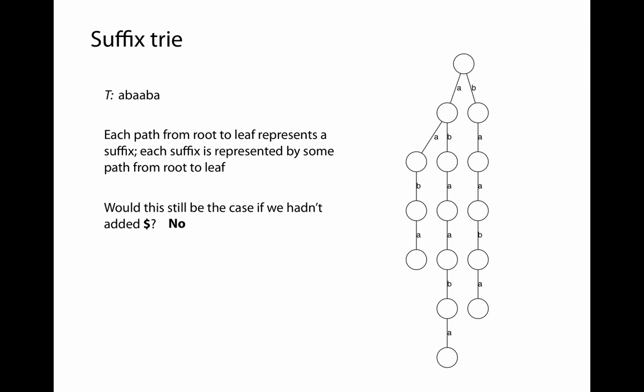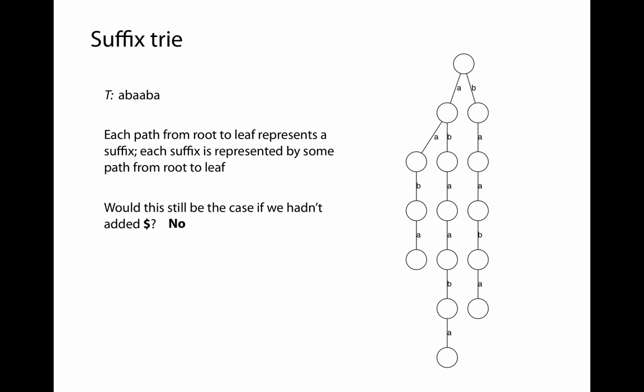No, it wouldn't. So here on the right, I'm showing you a picture of essentially the same thing. This is now a suffix trie for the string T without the added $ sign. You can see it's a little bit simpler than the suffix trie from the previous figure. And you can pick a suffix. So let's pick the suffix ABA.